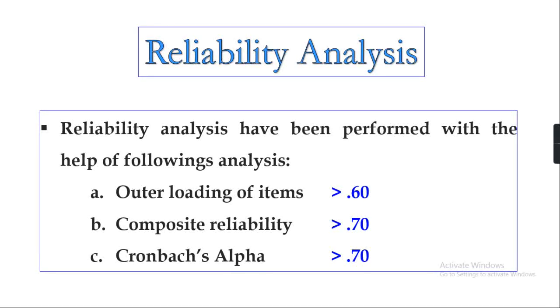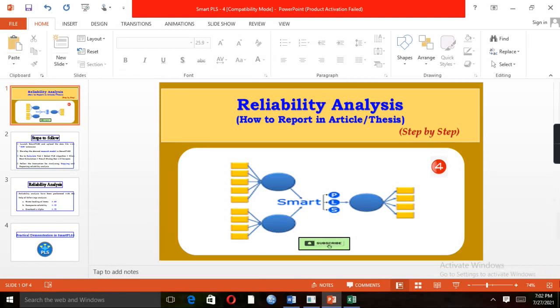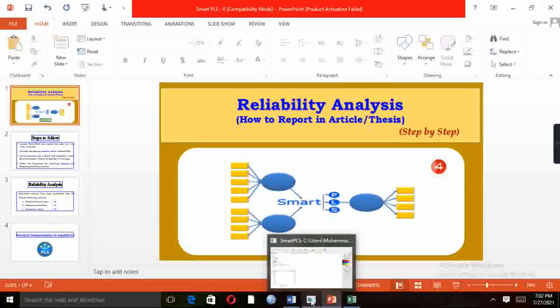Composite reliability and Cronbach's alpha values must be greater than 0.70. This is how we demonstrate and perform reliability analysis with the help of SmartPLS.